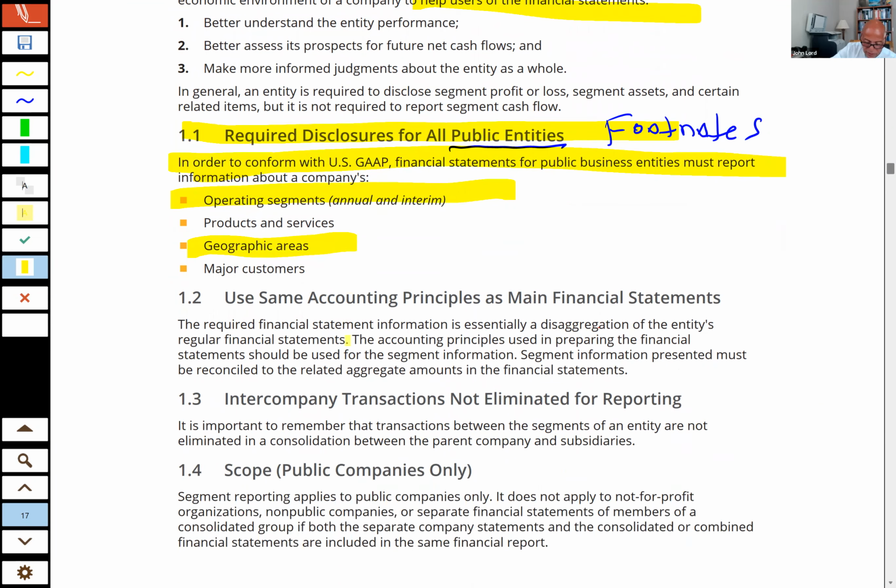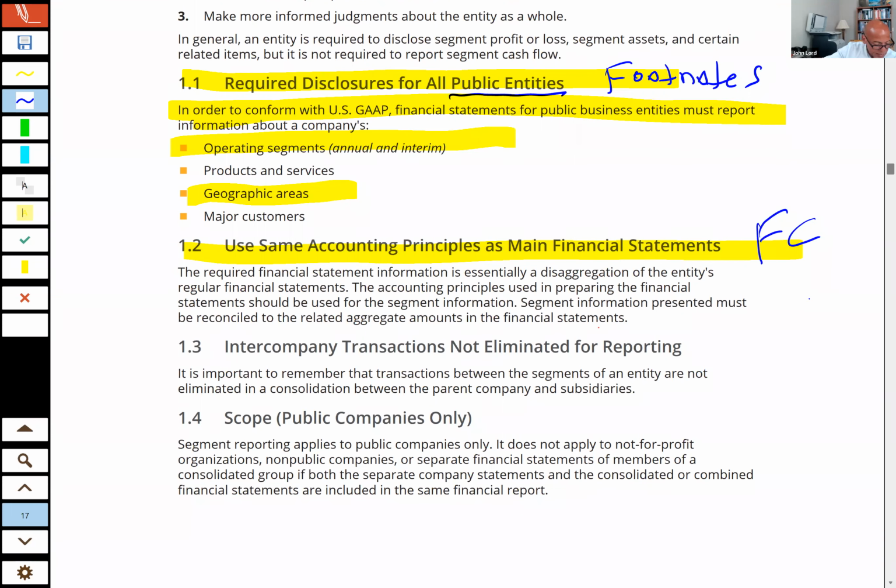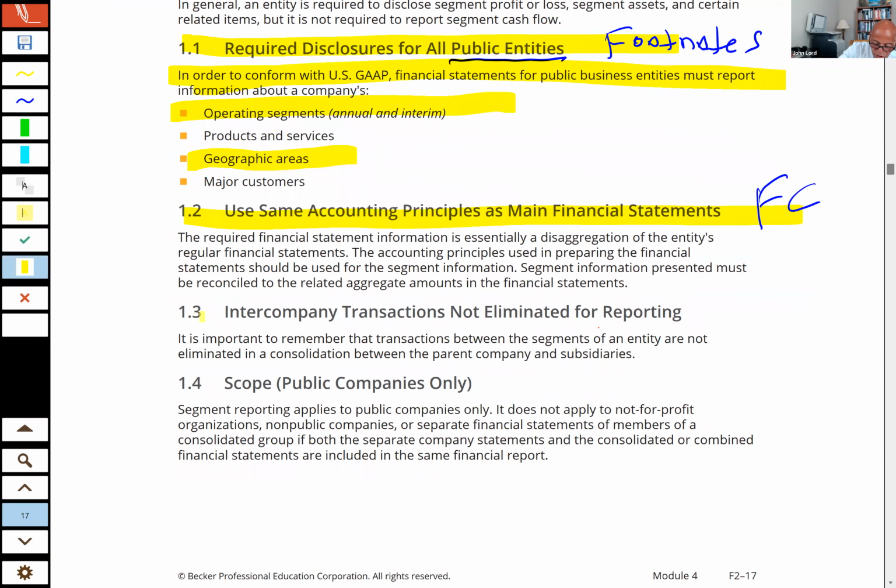Now, the accounting that is used is the same accounting as the main financial statement. So if they're using the last in, first out inventory method for the main financial statements, the disclosures about segments will also use last in, first out. Okay. Intercompany transactions are not going to be eliminated. When we consolidate and there's a sale between segment A and segment B, we eliminate that, don't we?